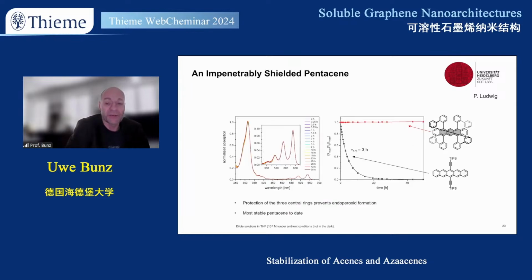We tried to measure stability, and after 14 days or so, the material in air and ambient conditions was still completely stable. So this material is at least 100 times more stable than, for example, this TIPS pentacene, which has a half-life here of 3 hours.